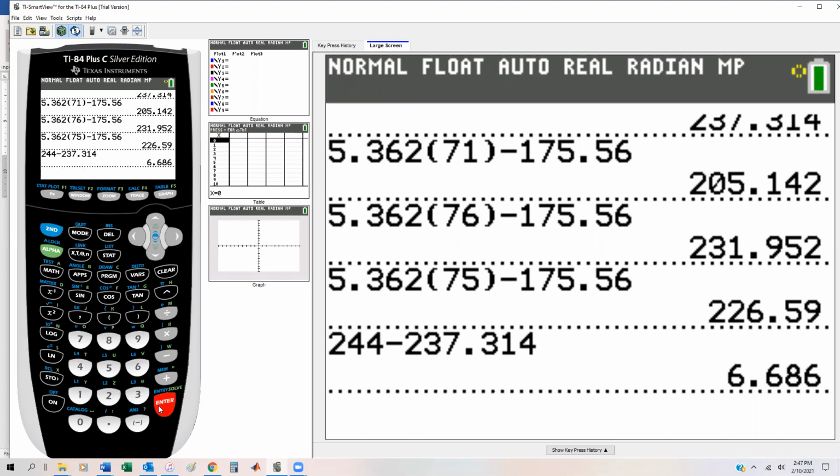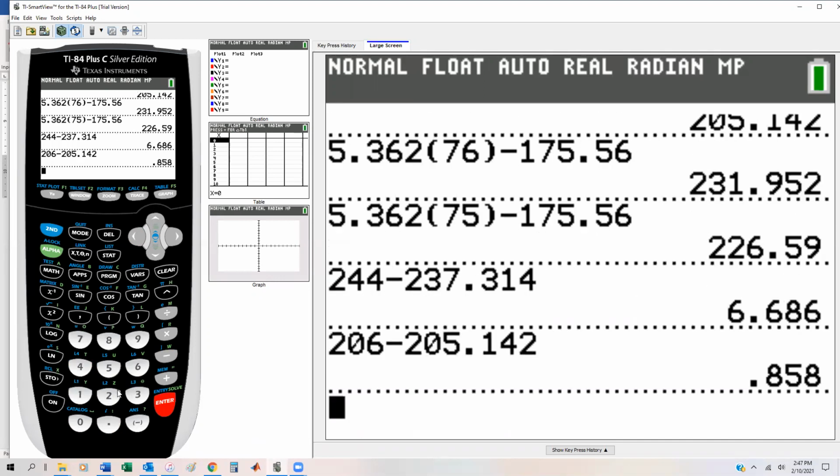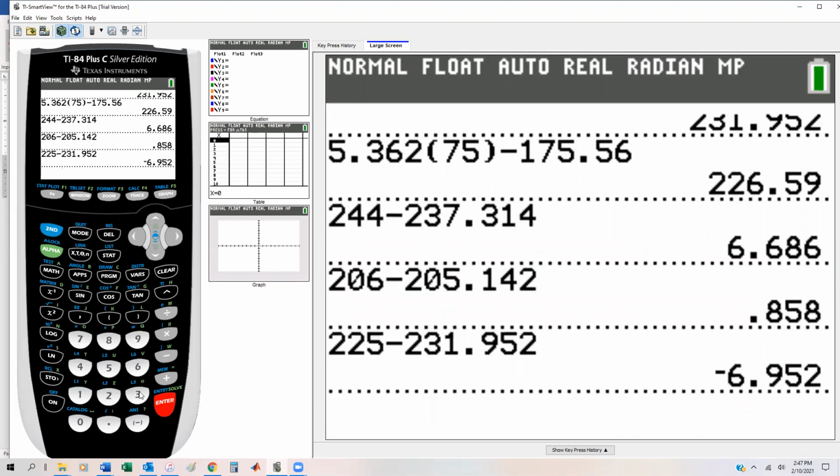And that's a small one. Then we're going to have 225, which is the third y actual, minus 231.952. And then finally, the last one, we have 214 minus our 226.59. That might be the largest one.